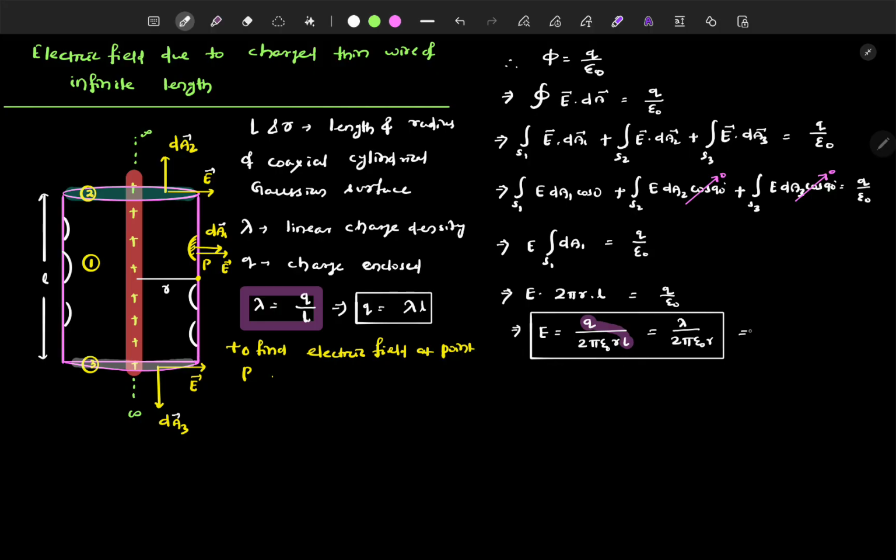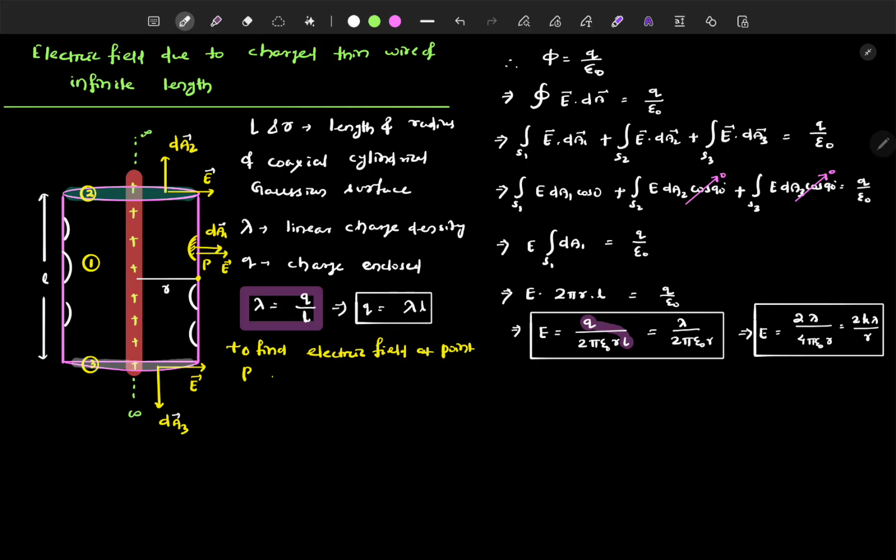Also we can write it as E equals, if we multiply 2 on both numerator and denominator, 2 lambda divided by 4 pi epsilon naught into r. That means 2k lambda divided by r. What is small k? Small k is 1 by 4 pi epsilon naught.